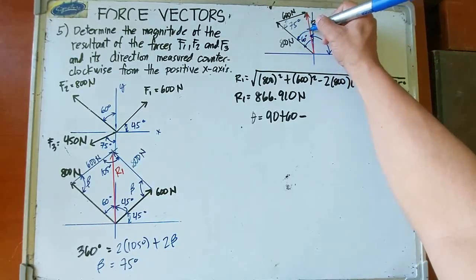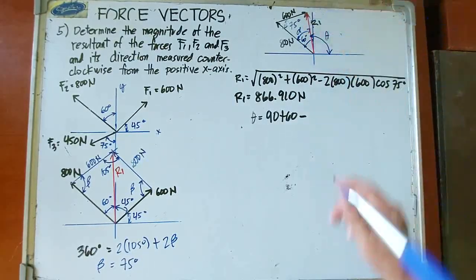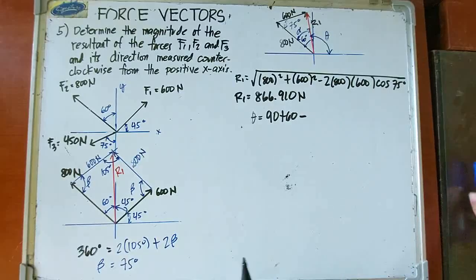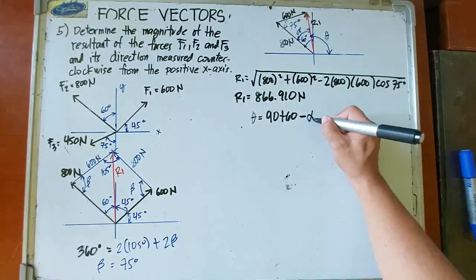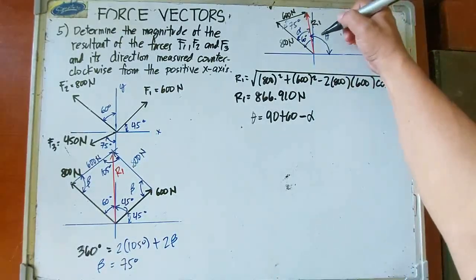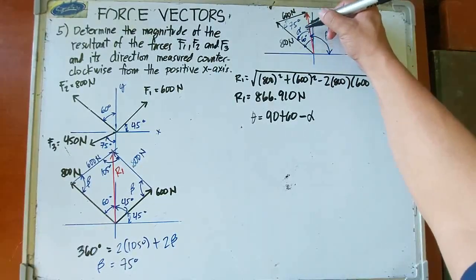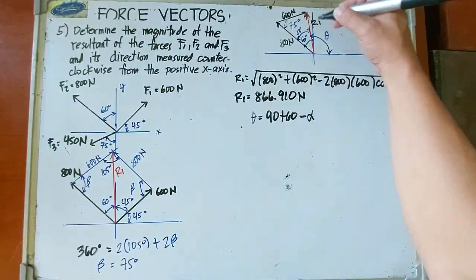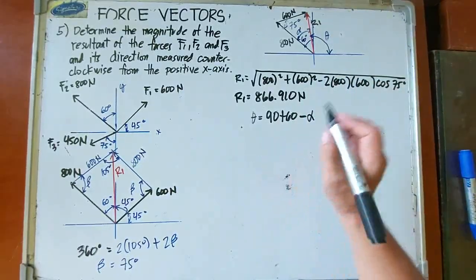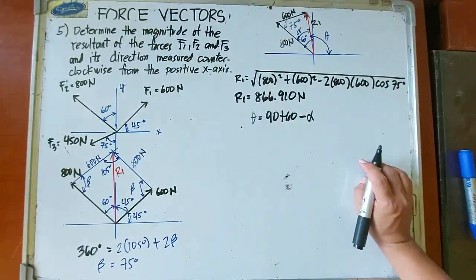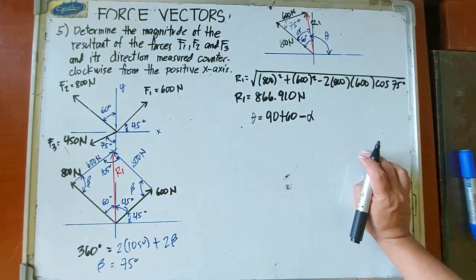This angle is, let's say, angle alpha. Okay, so 90 plus 60 minus alpha is this angle theta. So what is alpha? We can solve for alpha using cosine or sine law.